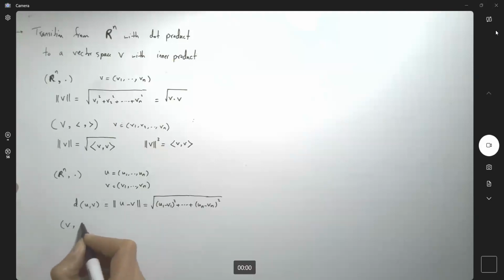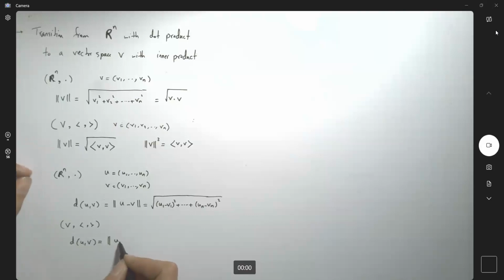For V along with the inner product, the distance between u and v is basically the magnitude or norm of the u and v difference.